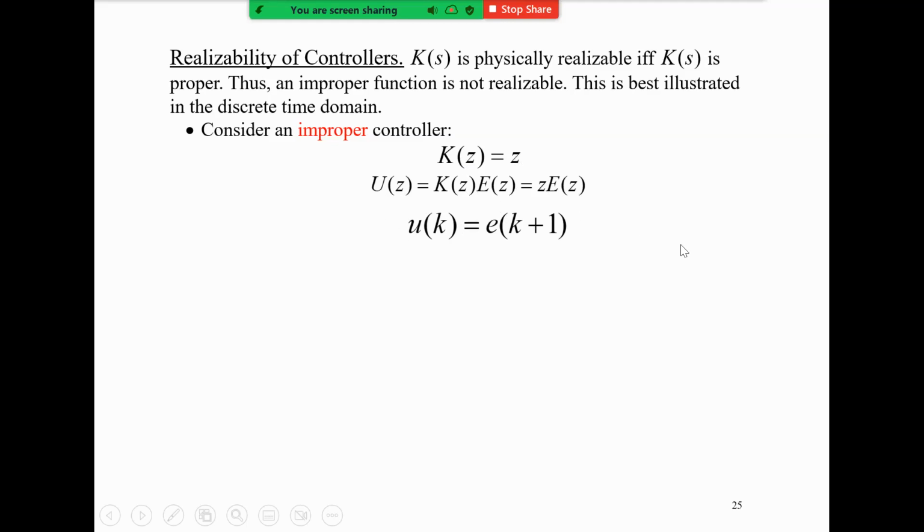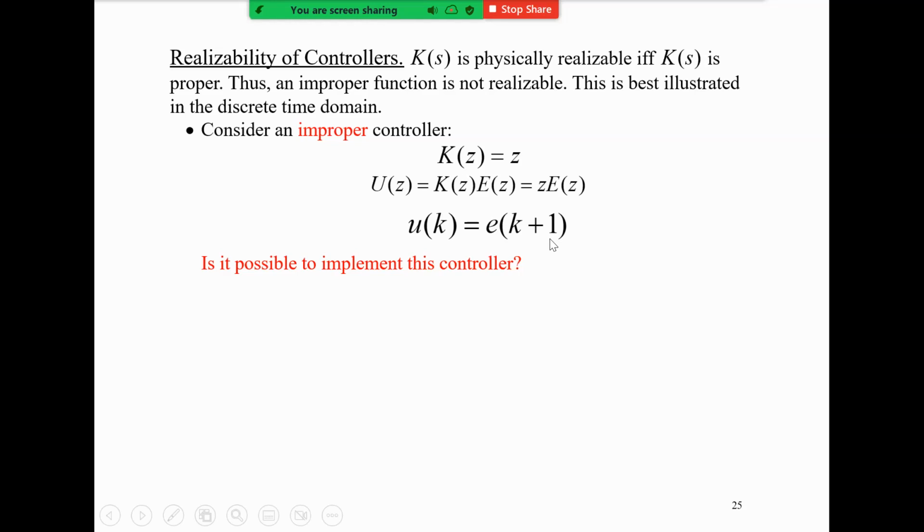Now, if you look at the expression of this controller, is it possible to implement it? Interpret k as the present, and k plus 1 means the signal at the next step. So the current input depends upon the error in the future. There is a causality problem, because k plus 1 is not available now.